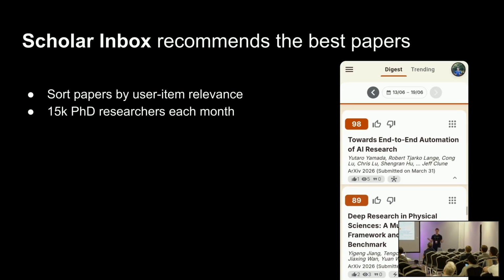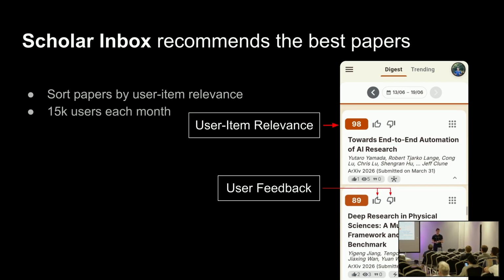And this is what it looks like to the user. On the left, you see we have a feed of our recommender that's providing a score for each paper, and only the best papers are shown to the user. This works really well, and 15,000 PhDs use it every month to guide their research here.